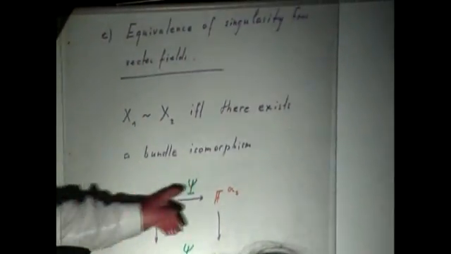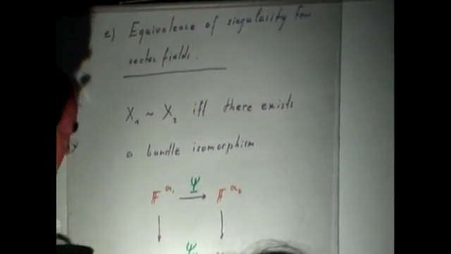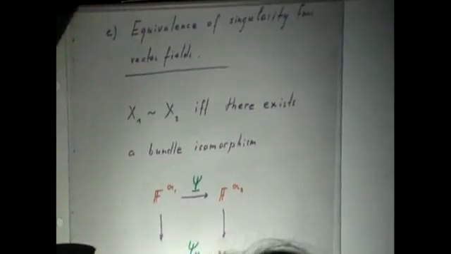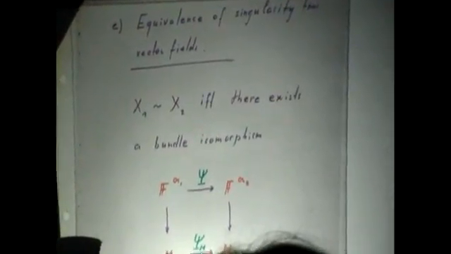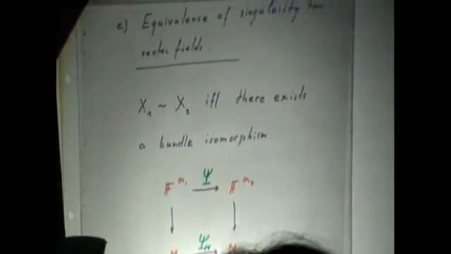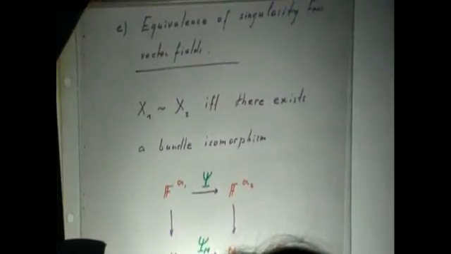You have a bundle isomorphism here which subduces to a diffeomorphism, and that's how it works.